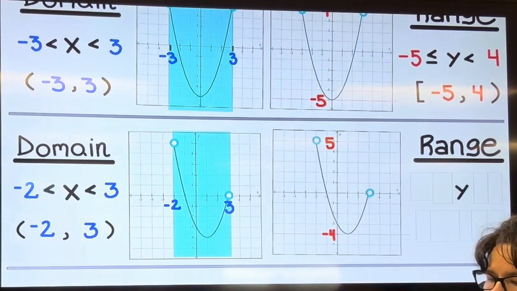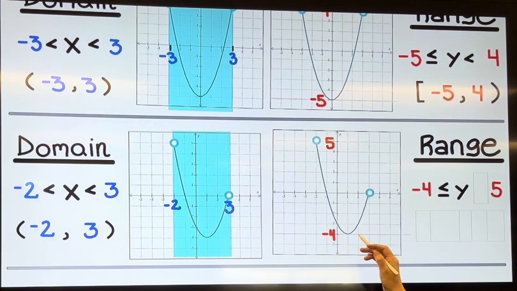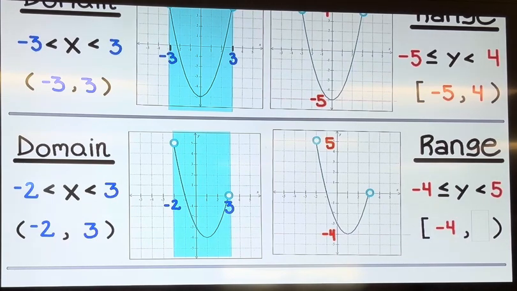So my y value is stuck between -4 and 5, but it's on or above -4, and it stays below 5. Using interval notation: underline, bracket; no underline, parenthesis; small number through large number, -4 through 5.